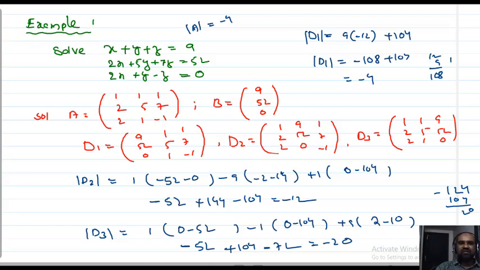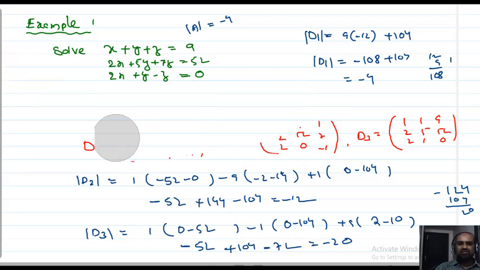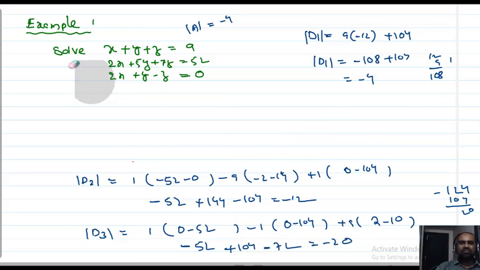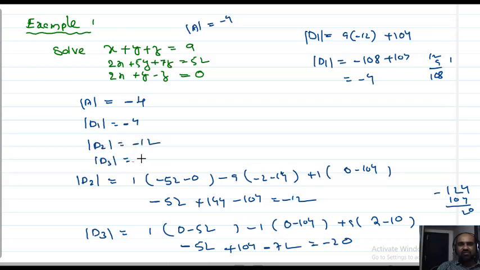So actually I want to write all here. What I got I will write. Det A equal to minus 4, det D1 equal to minus 4, det D2 equal to minus 12, det D3 equal to minus 20. Okay students?